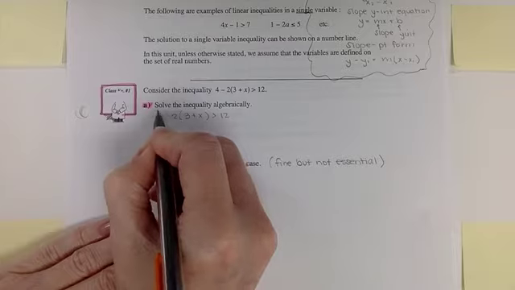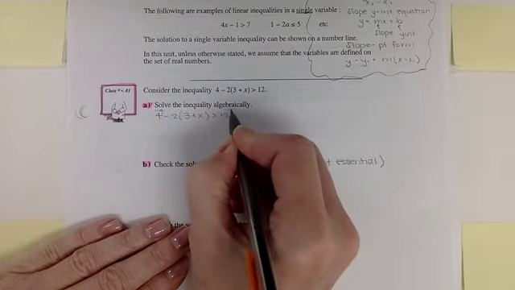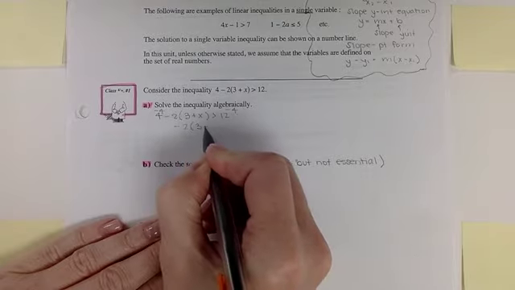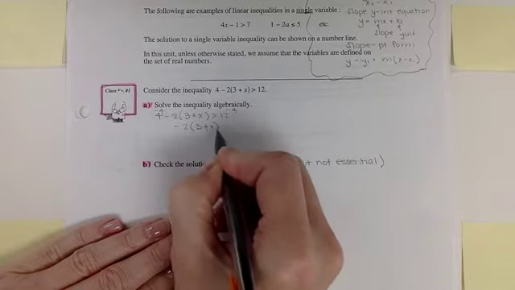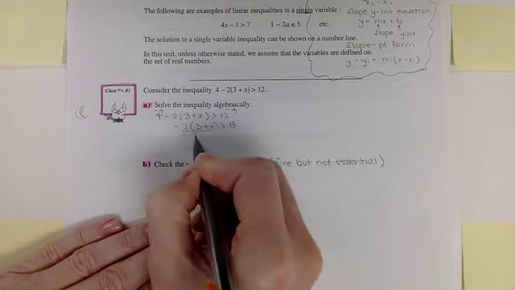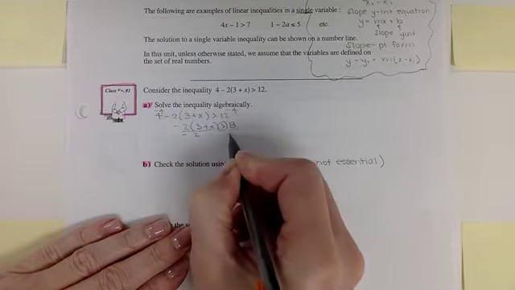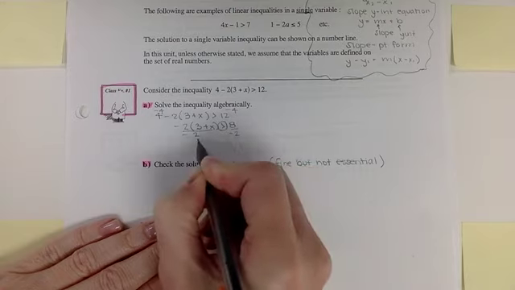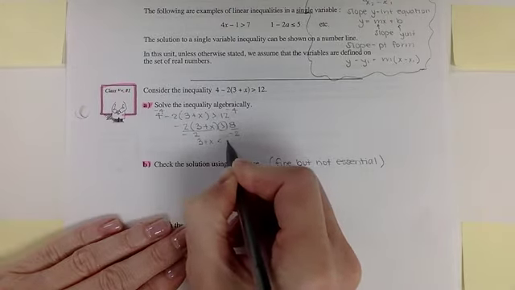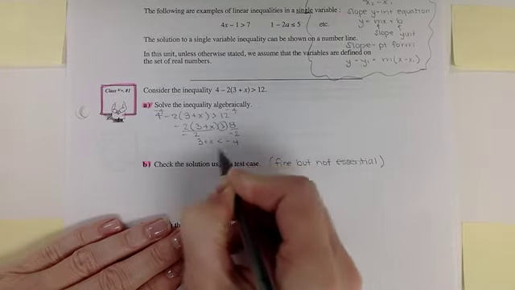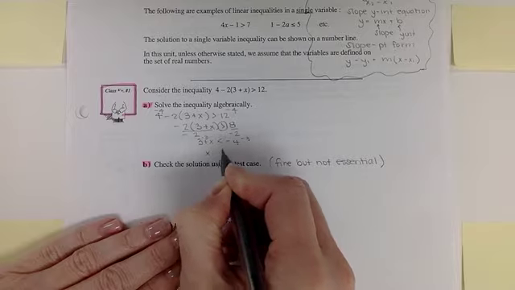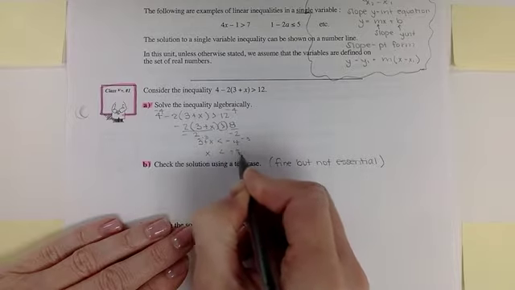And now I'm going to move the 4, take away 4, take away 4: negative 2(3 plus x) is greater than 8. Divide by negative 2. When I divide by a negative, my sign switches. So 3 plus x is going to be less than negative 4. Take away 3, take away 3. x is going to be less than negative 7.